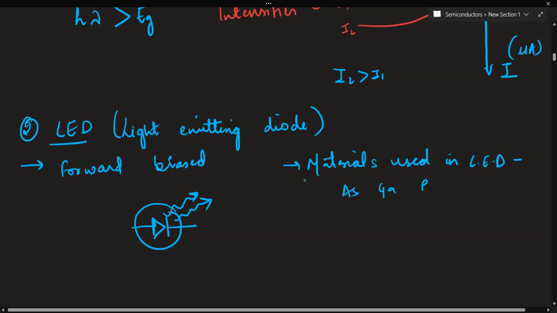These are for the red LEDs. And for the infrared LEDs, you use gallium arsenide. So these are the major points that you have to remember in case of LED.